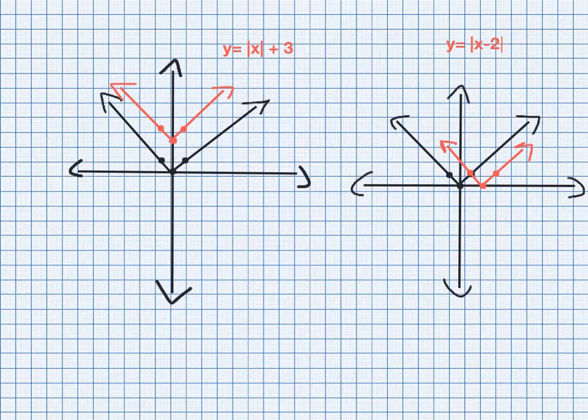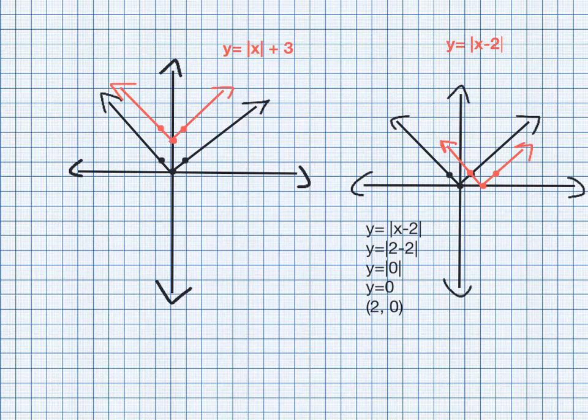This is our horizontal translation. It may be kind of confusing because it has x minus 2, so most of the time you'd probably say that's going to shift to the left. But in this case, it doesn't. With these absolute value functions, when you start plugging in values for x, you will see that it is actually going to shift right.